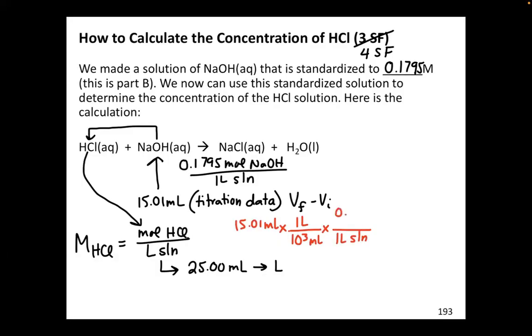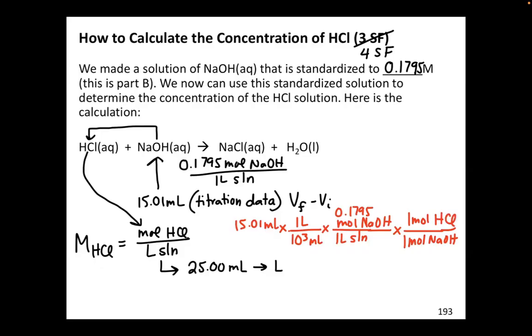The molarity is 0.1795 moles of sodium hydroxide. The mole-to-mole ratio is 1-to-1. 1 mole of sodium hydroxide for every 1 mole of HCl.